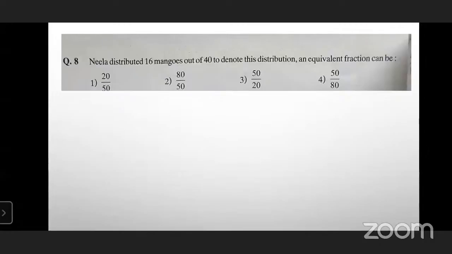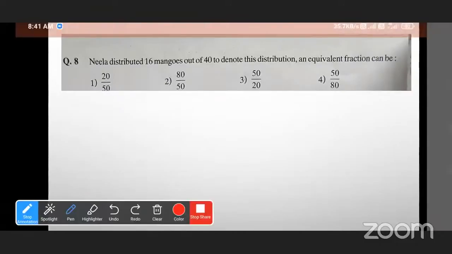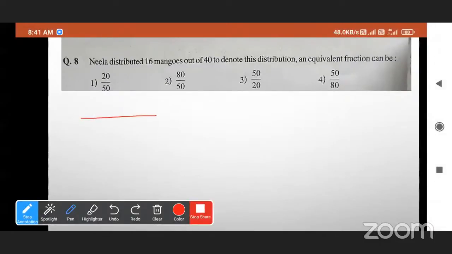So tell me, what is the fraction of the word problem? Total number of mangoes is 40. Out of 40, how many mangoes did he distribute? 16. So the fraction is 16 upon 40.